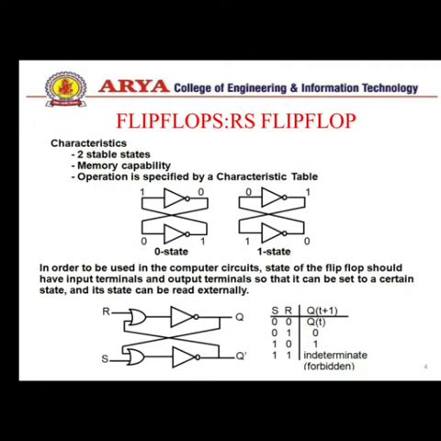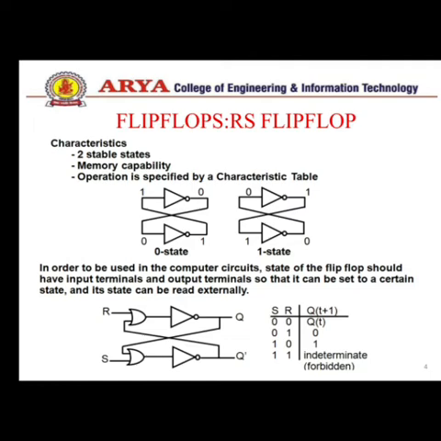And the third condition, 1 0, is applied on this circuit. So R equal to 0 and S equal to 1. So S equal to 1 plus this, which is connected to Q. So 1 plus Q is equal to 1.